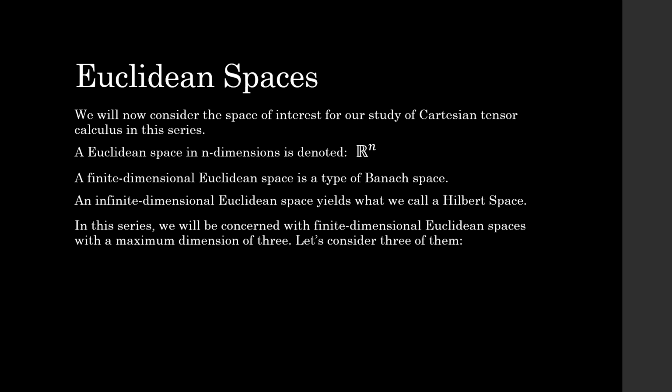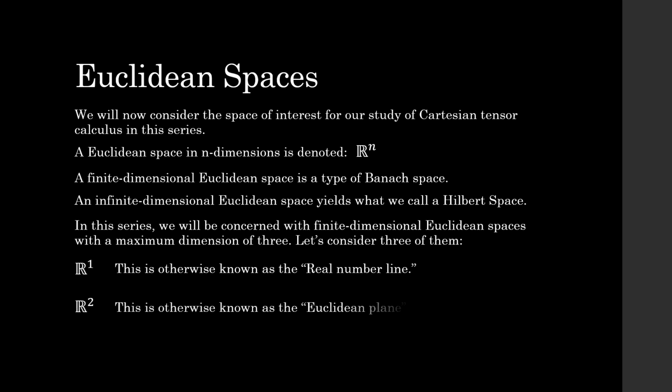In this series, however, we will only be concerned with finite dimensional Euclidean spaces with a maximum dimension of 3. Let's consider 3 of them now. So R1 turns out to just be the real number line itself that we all used in elementary school. R2 is the Euclidean plane itself.